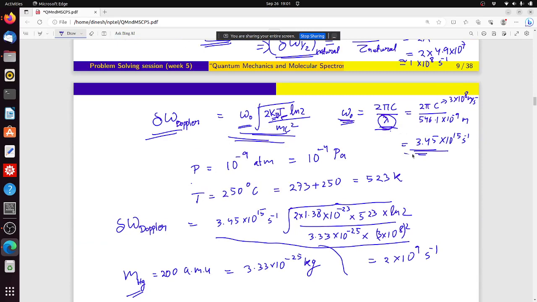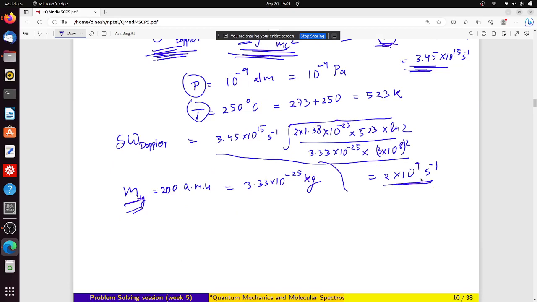If I have the angular frequency, I can calculate the line width for this Doppler shape. This is a direct formula. I already have temperature and pressure, and mass I already calculated. If you put all the values, you will get this Doppler line width to be this much.